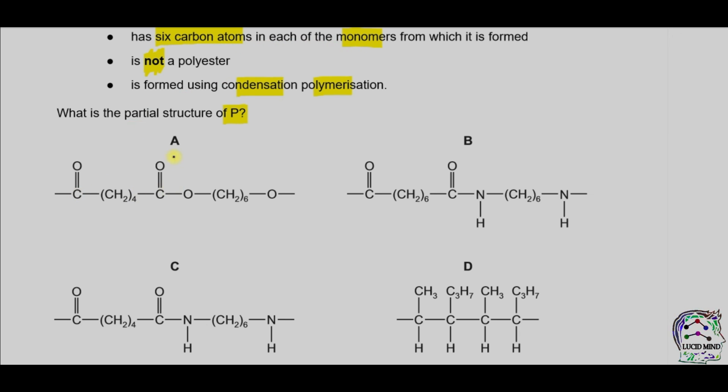Now we can see we can divide this into 2 monomers. We can divide part B into 2 monomers, C into 2 monomers, and D into 2 monomers. Now let's look into the number of carbon atoms. There are 4 carbon atoms in the center, 5 and 6. So there are 6 carbon atoms in one of the monomers, and there are 6 carbon atoms in the second monomer.